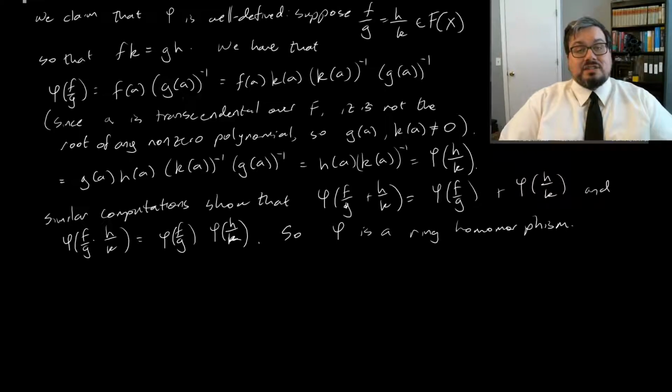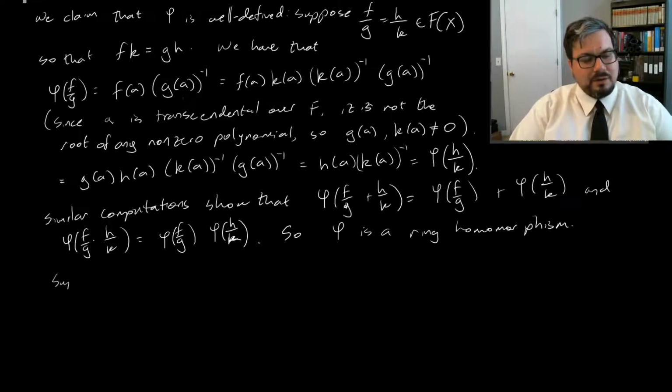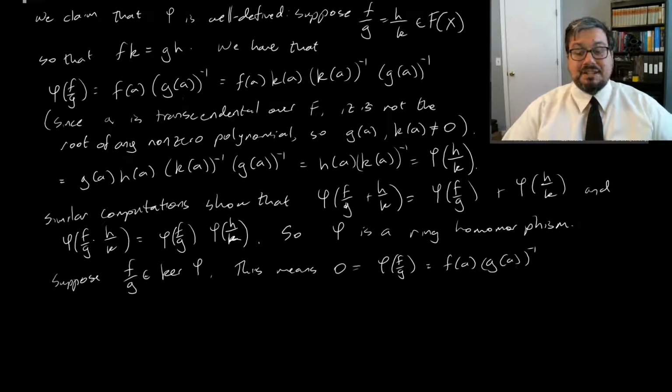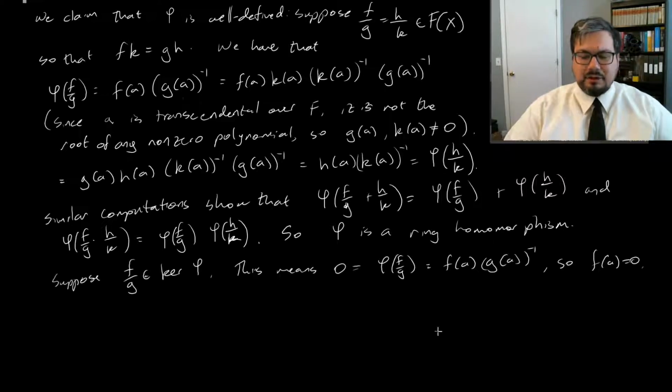Now, it still remains to show that phi is bijective and that it is a homomorphism of F extension fields. So now let's suppose that f over g belongs to the kernel of phi. This means that 0 is equal to phi of f over g, which equals f of a times g of a inverse. Now, g of a inverse is never equal to 0, so that means that f of a is equal to 0.